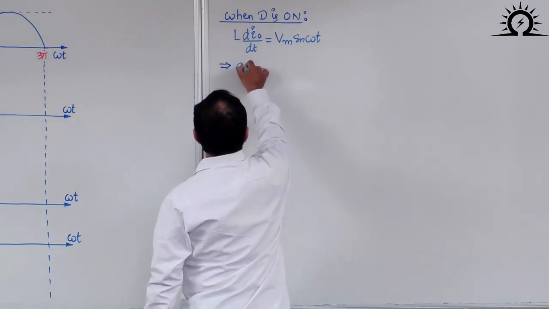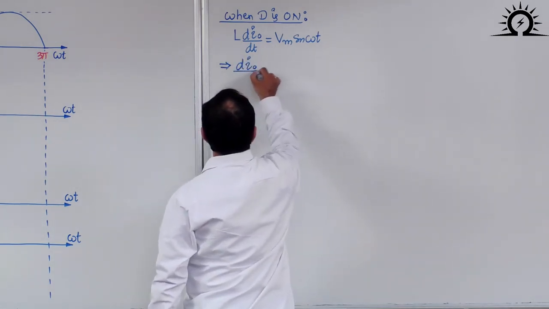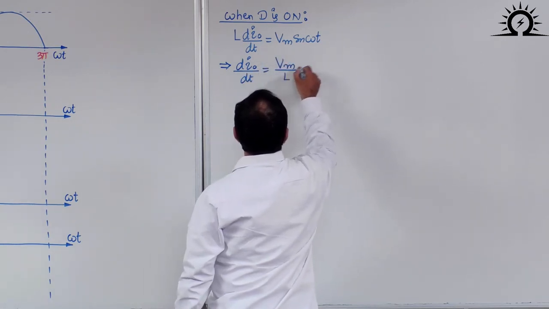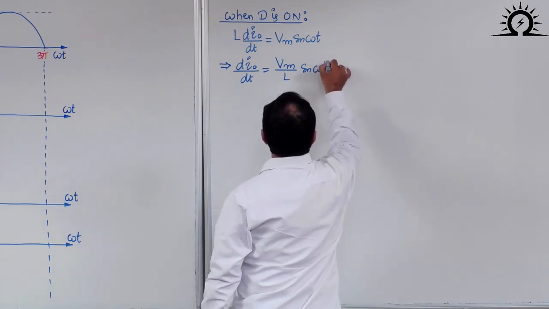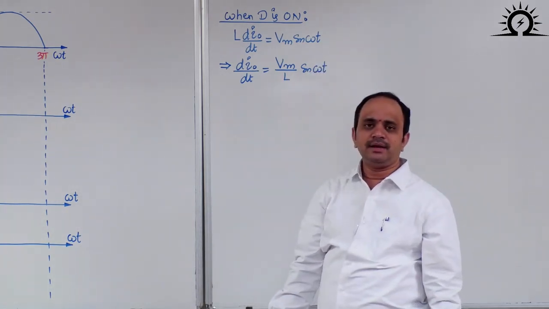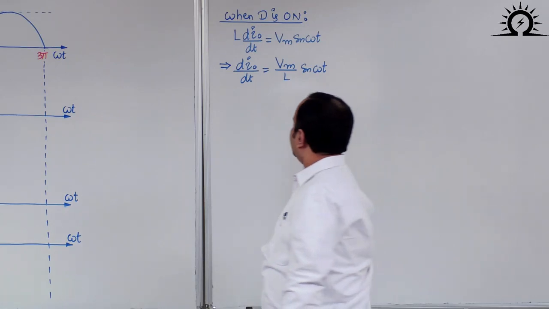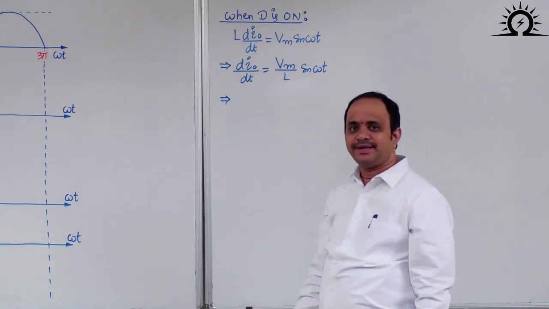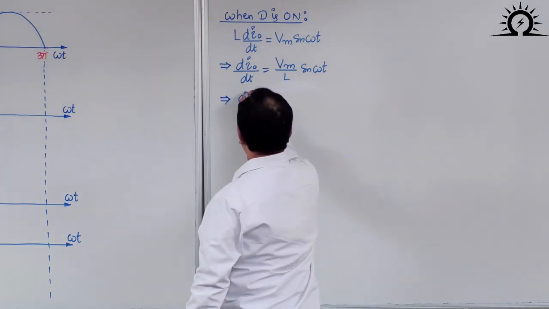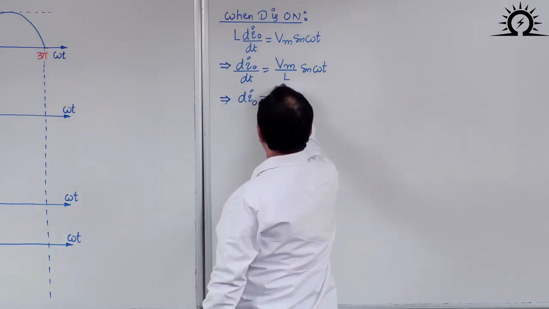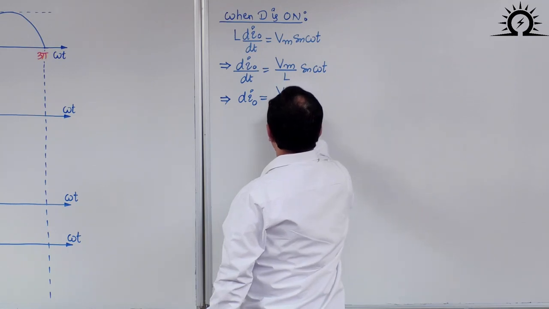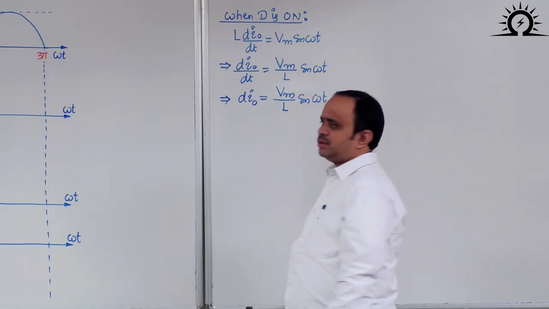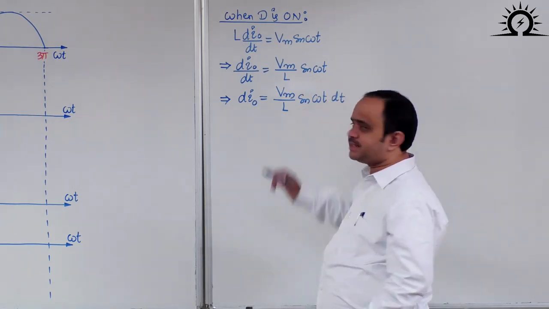Therefore, from this particular equation, we can write di0 by dt is equal to Vm by L sin omega t. Now, we are interested in expression for current. Therefore, di0 is equal to Vm by L sin omega t into dt.